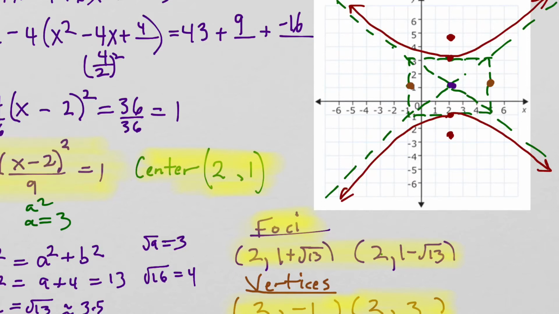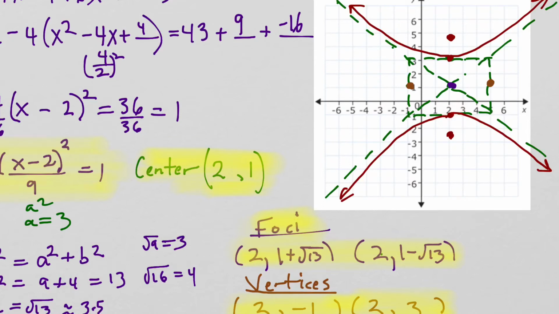The hyperbola itself is the two branches, this red branch here, and this red branch here. That is the hyperbola itself. Okay, so this is the center of the hyperbola. These are the vertices of the hyperbola, actually on the graph itself.